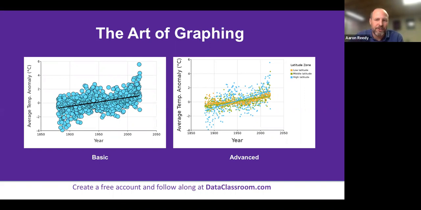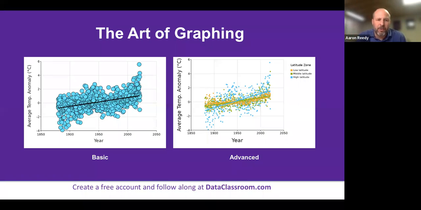And then the other thing we did here is I added this additional variable of latitude zone, which is a categorical variable. I added that to the plot, and it color codes all of the points by low, middle, or high latitude. And then with the line of best fit, I also checked the option to group by Z. So all of this is happening at the control panel at the right.